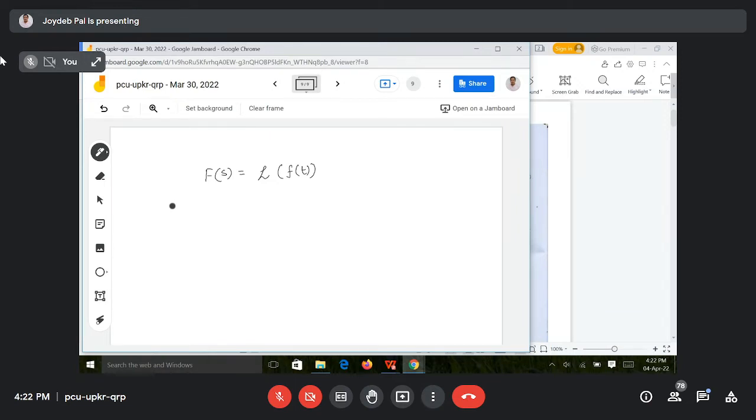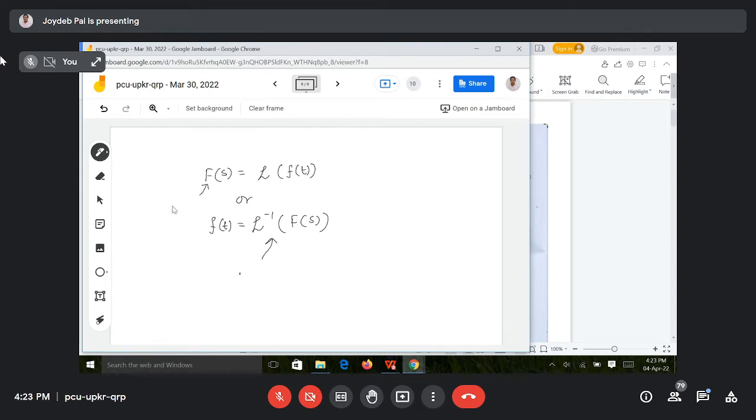Or we can also write f(t) is equal to Laplace inverse of F(s), right? So capital F(s) is called the Laplace transform of small f(t), and if we write it the other way around, small f(t) is the Laplace inverse of capital F(s).